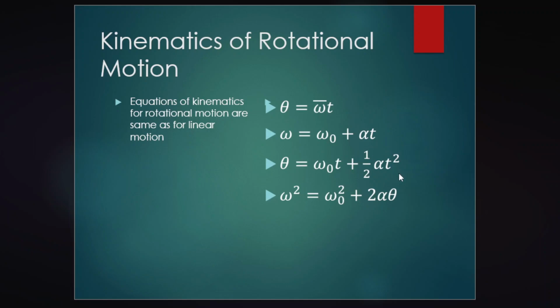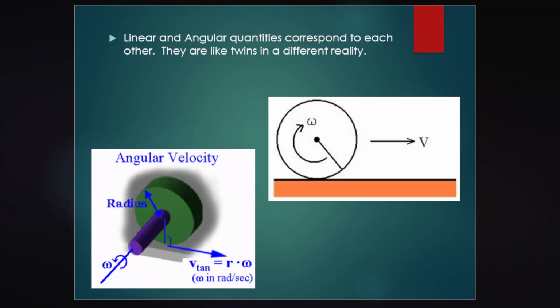And so on, so on. We have our other two favorite equations there. Not that we had to memorize much this year, but what's really cool there is if you know the one form of the equations, you know the other. So I like the phrasing here. They're like twins in a different reality, linear and angular quantities.